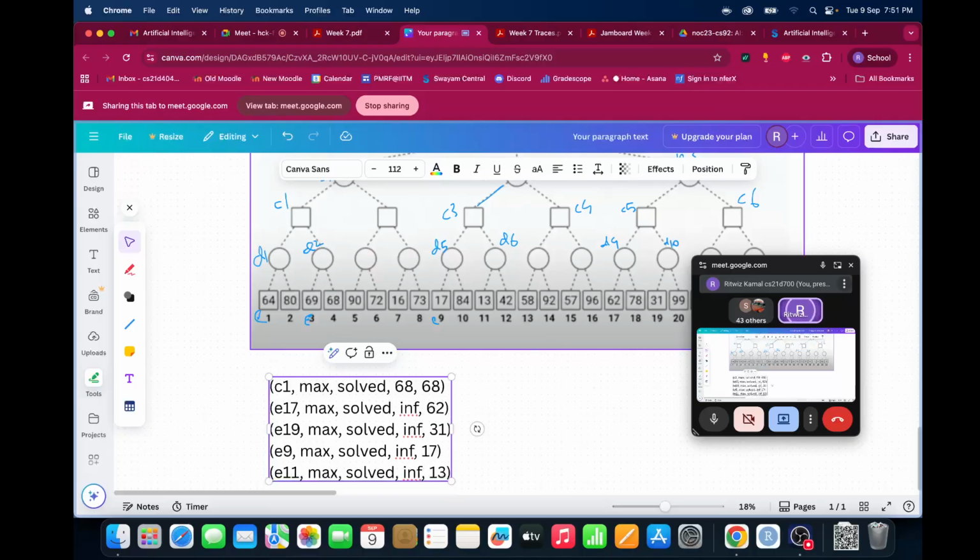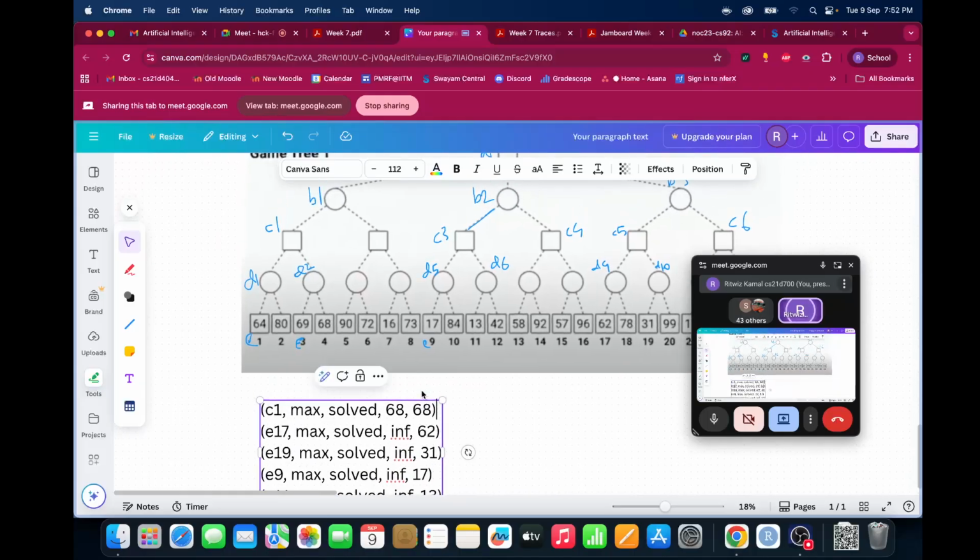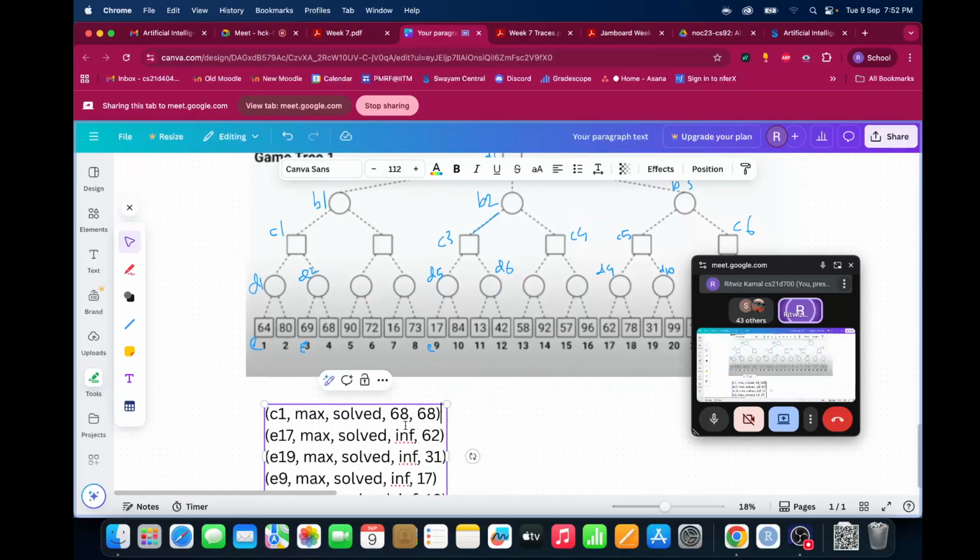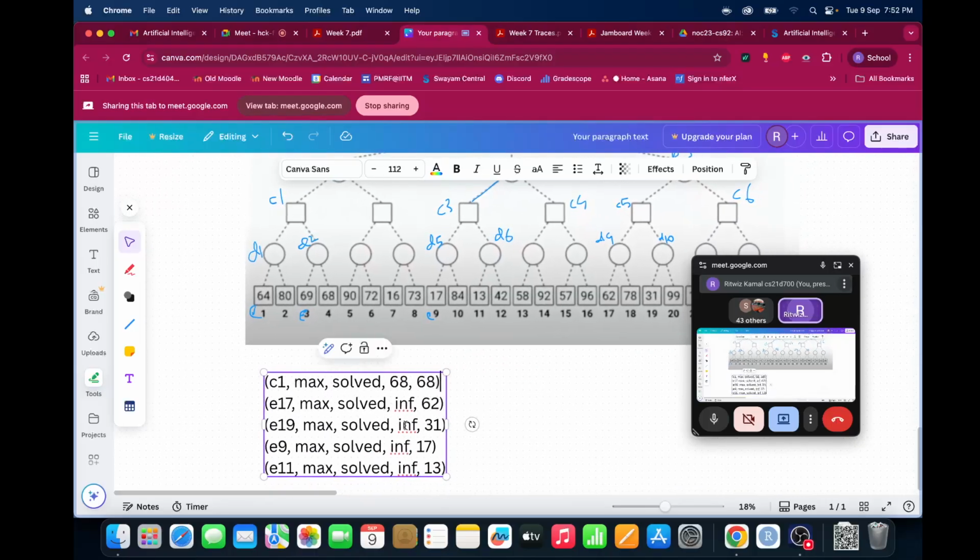So now this is the situation in front of us. Now C1 is at the top of the queue. What is the immediate sibling of C1? C2. So C1 will be popped, C2 will be added, which is a max node.